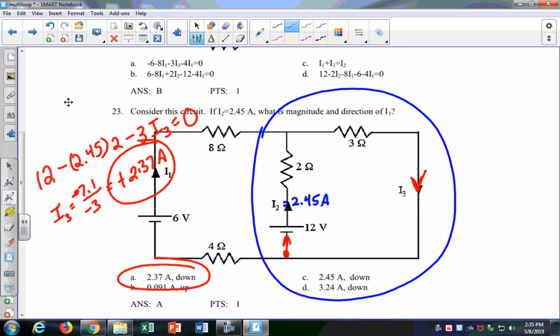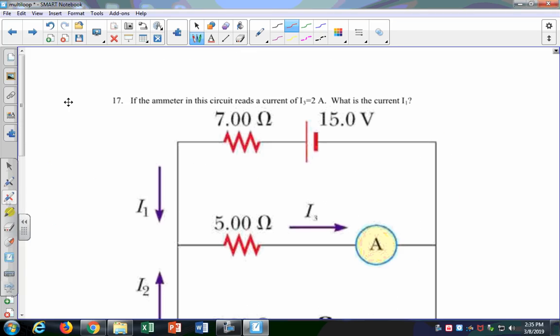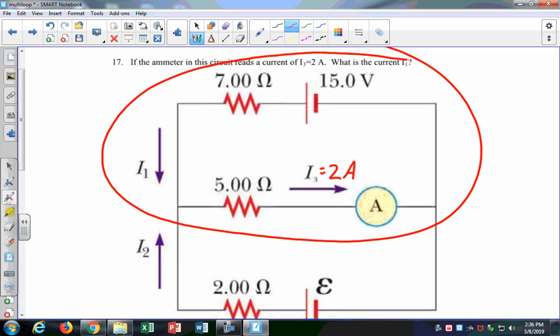All right? There's another one up here I'm going to look at. This one's a similar deal. In this one, I tell you that this current is equal to 2 amps, and I want to know what is I1. Well, I want to recognize that if I use this loop, I can calculate I1.